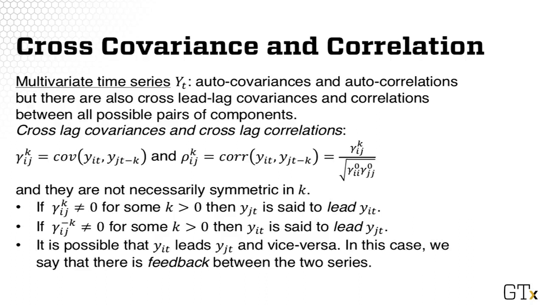The lead-lag covariances capture the lead and lag relationships between time series in the multivariate time series. Yjt is said to lead Yit if the covariance between Yit and Yj at time t minus k is different from 0. It is possible that Yit leads Yjt and vice versa. In this case, we say that there is feedback between the two time series.